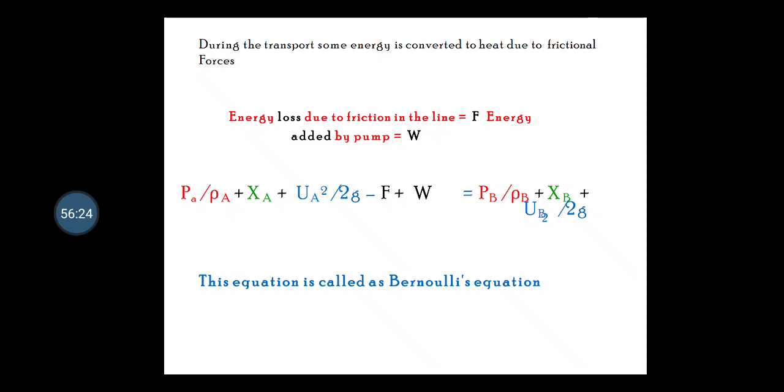Then PA divided by rho A plus XA plus UA square by 2g, minus F plus W, is equal to the other side of your pipe, that is PB divided by g into rho B plus XB plus UB square upon 2g.